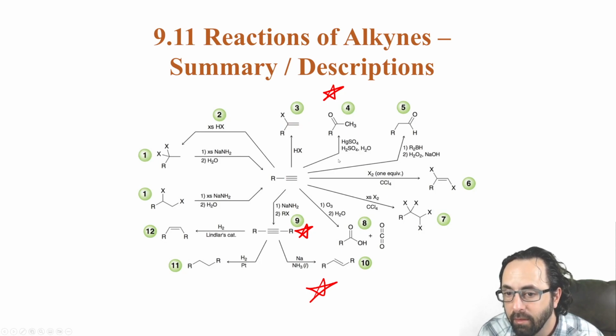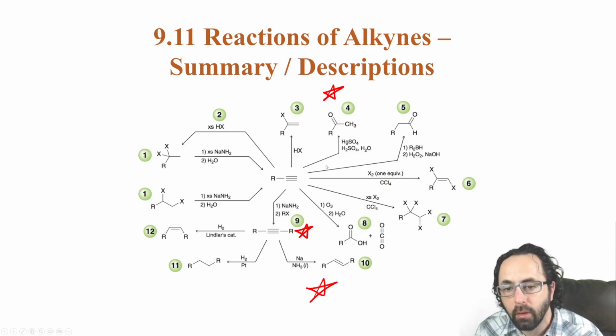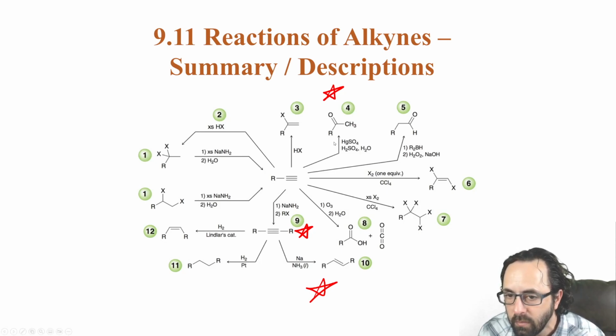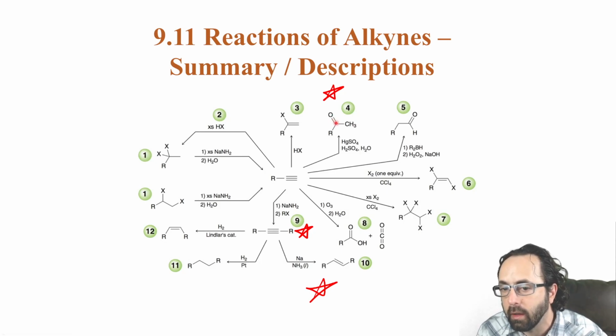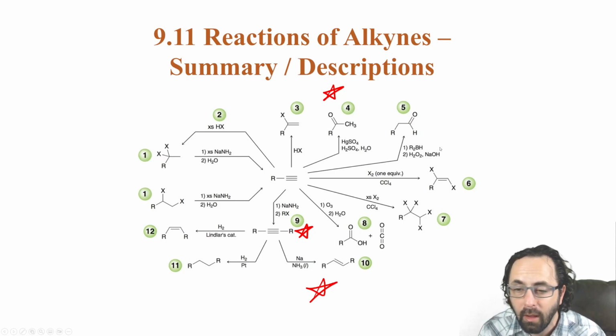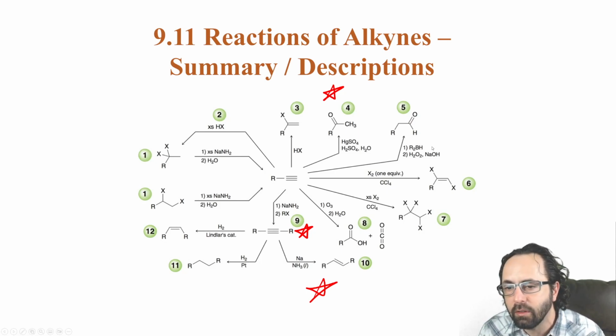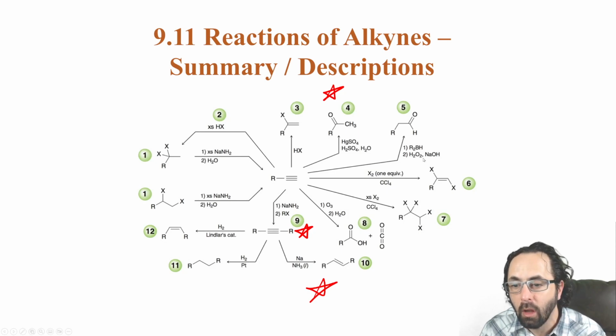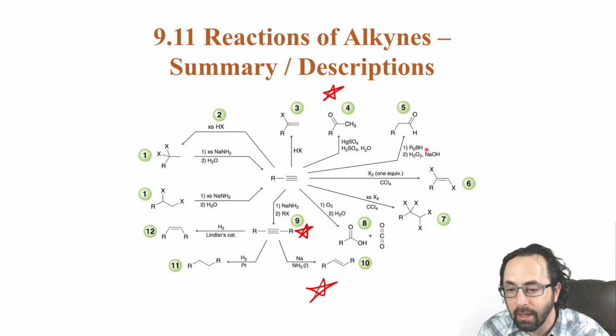In the case of the acid catalyzed hydration, we end up with a carbonyl for the reasons that we discussed instead of an alcohol here, and it is at the more substituted position. If we want a carbonyl at the less substituted position, this has a direct analogy to what we did in the alkene chapter, where when we wanted to hydrate and have the OH group at the less substituted position, we would use hydroboration oxidation.